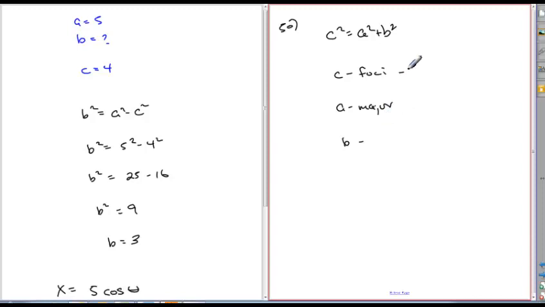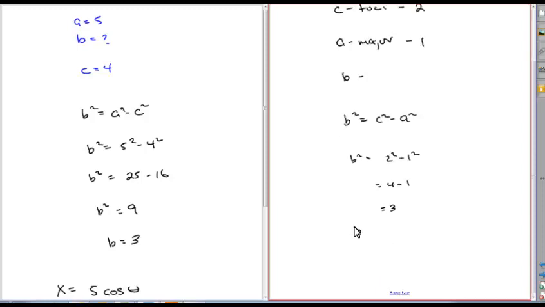Okay, so looking at the problem, this is 2, and this is 1. So b squared is equal to c squared minus a squared if we solve for b squared. So you get b squared is equal to 2 squared minus 1 squared, which is 4 minus 1, which is 3.